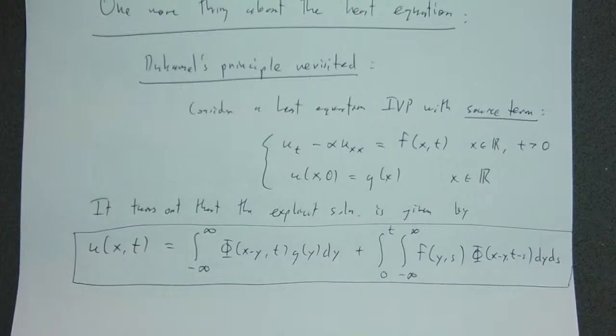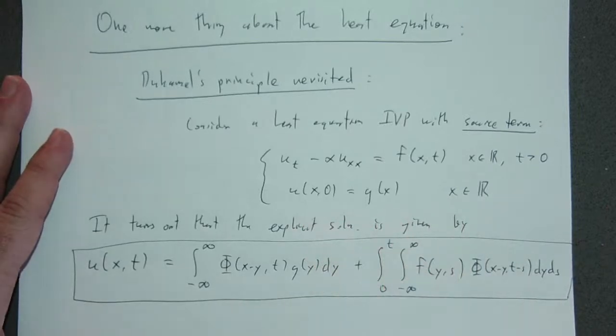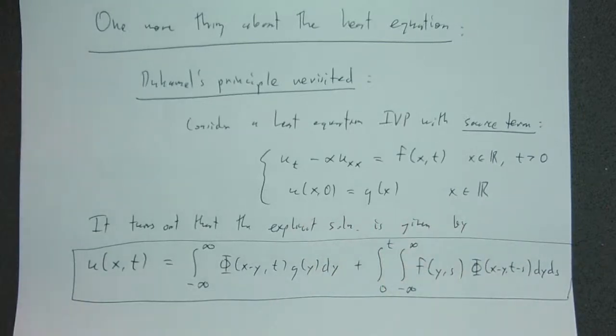You can verify that this indeed solves the heat equation, but you're going to have to use some of these properties of the fact that phi converges to the delta distribution at this singularity, when t is 0.